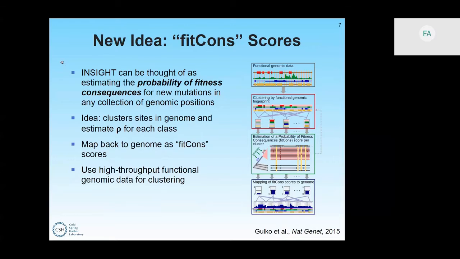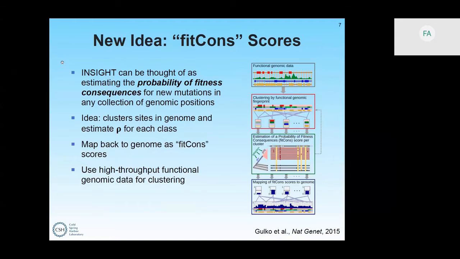Now, an alternative way of thinking about the fraction of nucleotides under selection for some arbitrary dispersed collection of nucleotides is that if I were to randomly mutate a nucleotide in that collection of sites, then that quantity rho also describes the probability that that mutation would have some effect on fitness, right? Fractions of nucleotides under selection are sort of the mirror image of probabilities of mutations having fitness consequences.